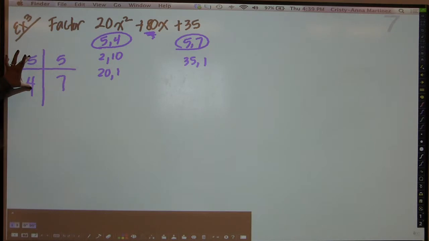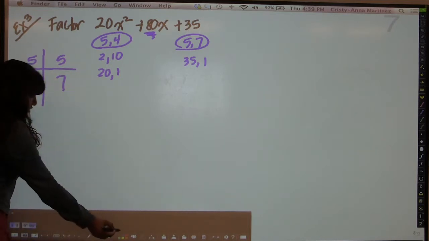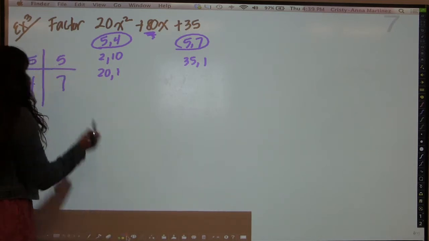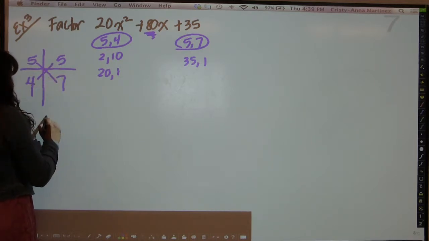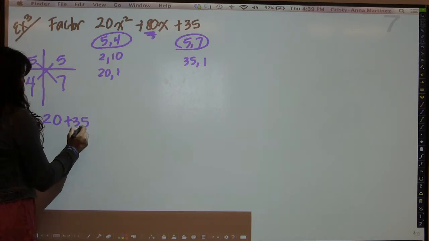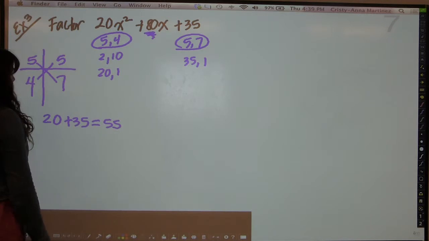So the 5 and 4 are the factors of 20, they go on the left. And 5 and 7 are the factors of 35, and they go on the right. And then when I try to do my diagonals, 4 times 5 is 20, and 5 times 7 is 35. And that's 55, so not big enough.